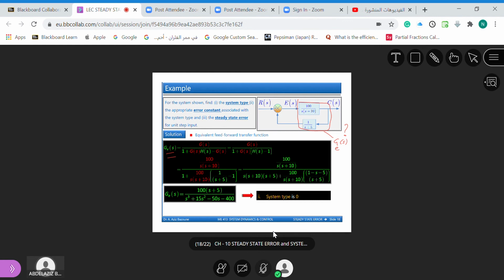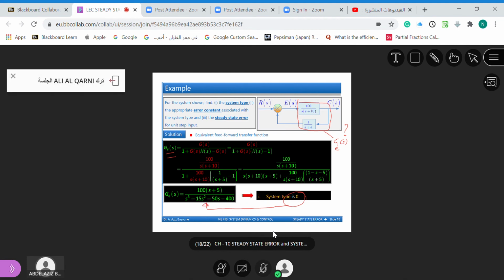We need to find what G equivalent is. So when we take G equivalent, it will be this. And at the end of the day, we found G equivalent like this. And you can see that the system type is 0, because now we have G equivalent. System type is 0.